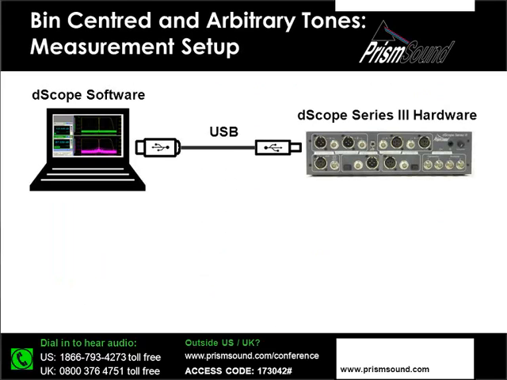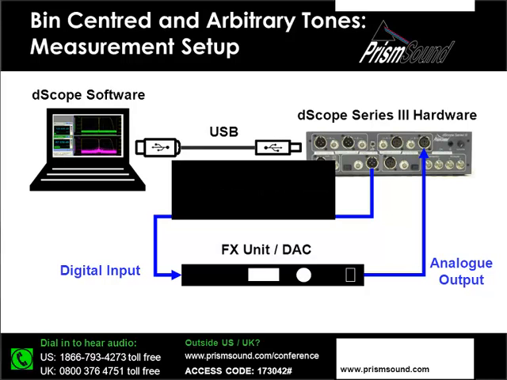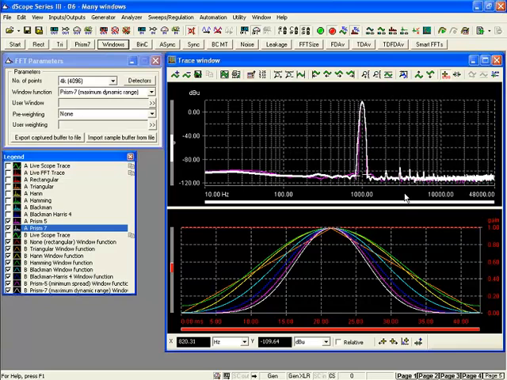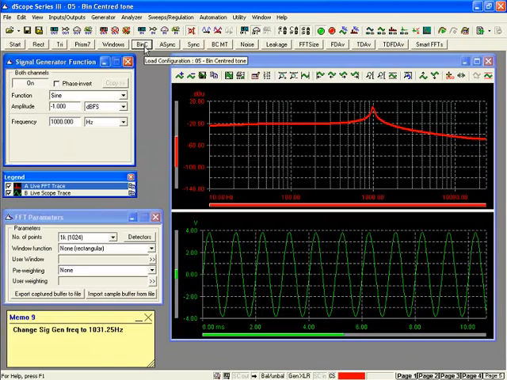Just to help explain this a bit further, I'm going to show you another demonstration. Once again, I'm using exactly the same measurement setup, using the D-Scope Series 3 hardware and software, and this same D to A converter FX unit that I have in the loop. Okay, so let's take a look at this illustration.